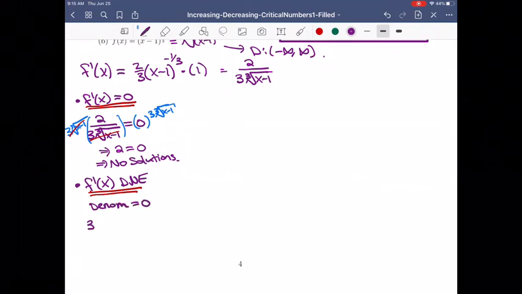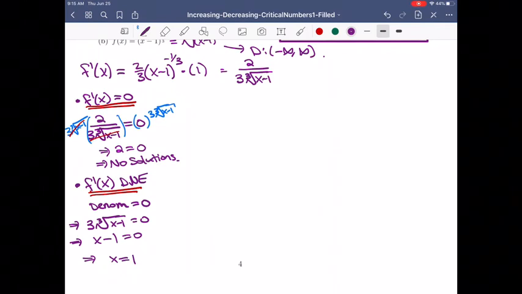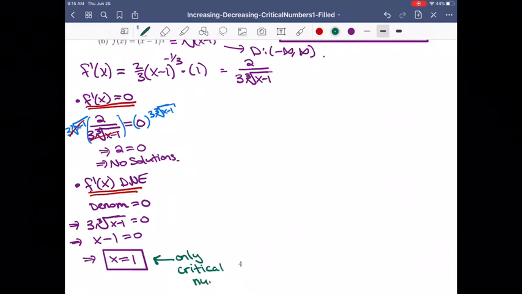So that's when I get 3 cube root of x minus 1 is equal to 0. So that's when x minus 1 is 0, which is when x equals 1. Okay, so it turns out that this is our only critical number. And it's in the domain, I should say, because the domain is everything.